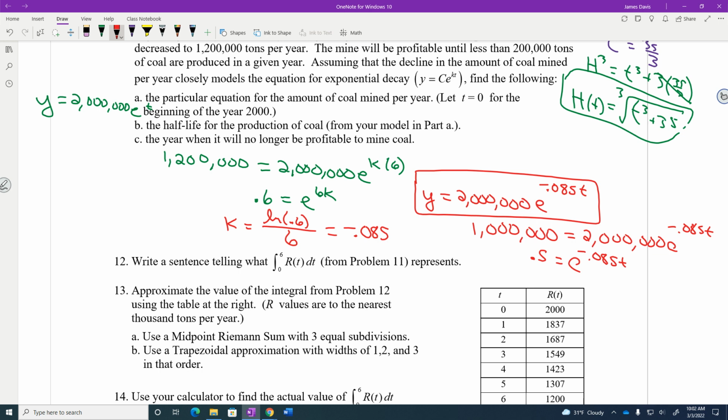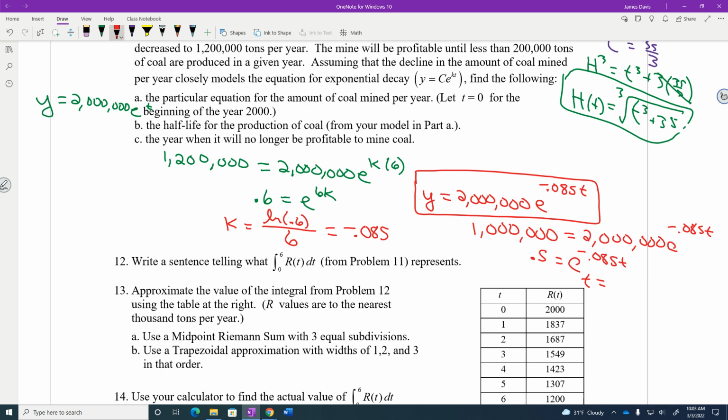So natural log. And then divide. So what do we get? 8.15, 8.14.